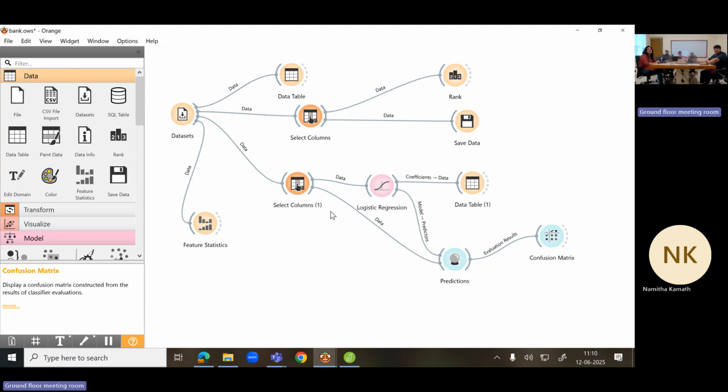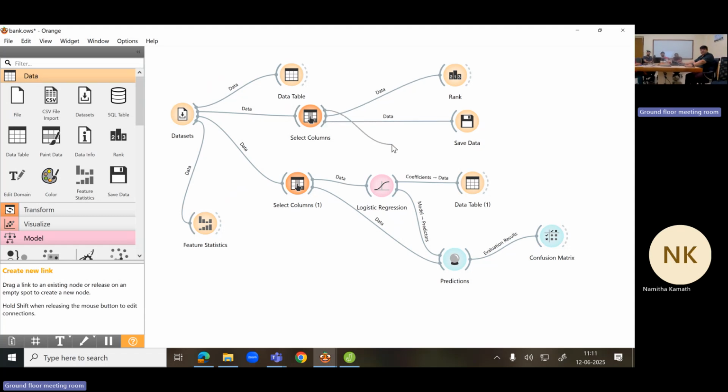What I can do is go by this embedded method, the penalty method.